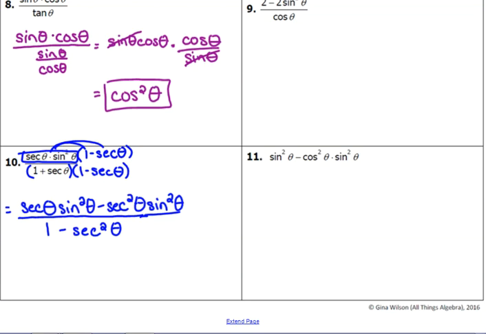Now, 1 minus secant squared is equal to negative tangent squared. That's one of our Pythagorean identities, because tangent squared plus 1 equals secant squared. If we move things over, we're going to get negative tangent squared there. So our denominator is negative tangent squared of theta.